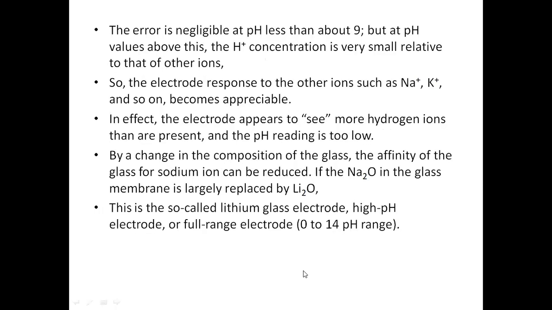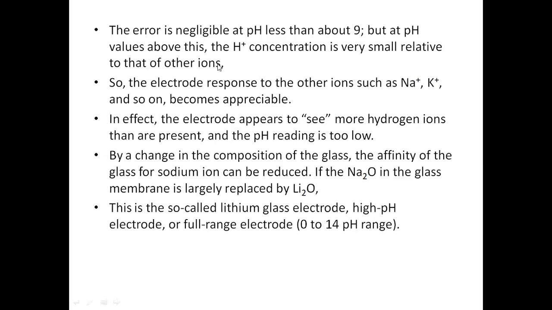Now see, this error is negligible when the pH is less than 9, but when the pH is more than 9, or we can say highly alkaline solutions, where the H plus ion concentration is very low, at that time this kind of error takes place.